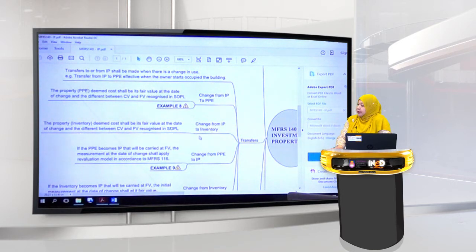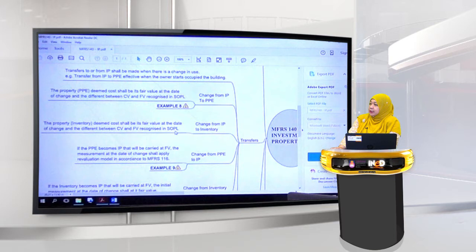Now we can also change the property classification from MFRS 140 to inventory, which falls under MFRS 102. In this case, the property's deemed cost shall be its fair value at the date of change, and the difference between the carrying value and the fair value will be recognized in the statement of profit and loss.